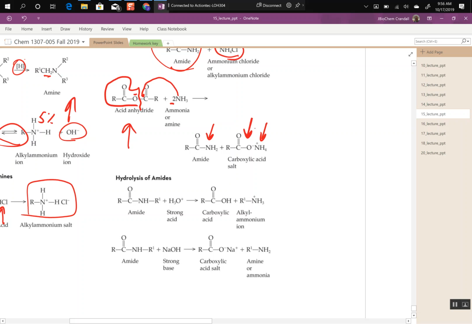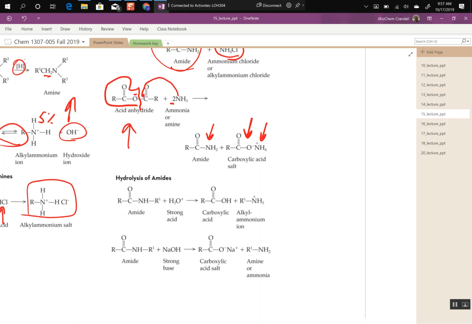With the carboxylate I'm going to have a negative charge. That's going to create a salt. Positive-negative interaction creates salts. Okay? Ionic compounds are salts, like this. So we're going to form the ammonium carboxylate. Remember, when you name things, you'll always put the thing that's positively charged first in the name.